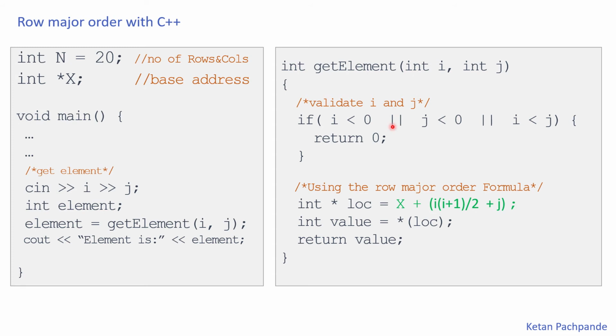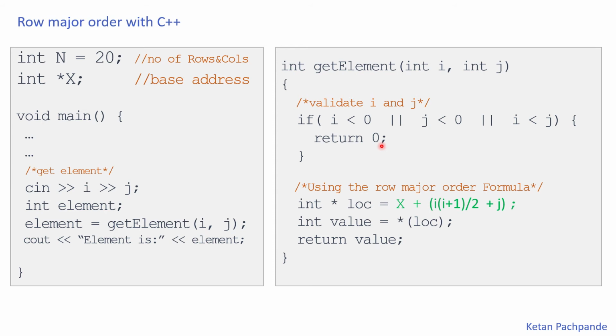And for that, the logic will be entirely similar, the same that we have written for the store element function, but the only thing is we are just reading the value at that location. See, the conditions are same, everything is same. If the value of i is less than j, then it's not actually the element because it is above the principal diagonal and simply return 0.